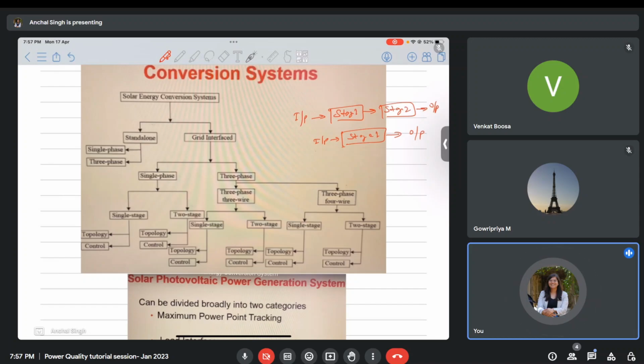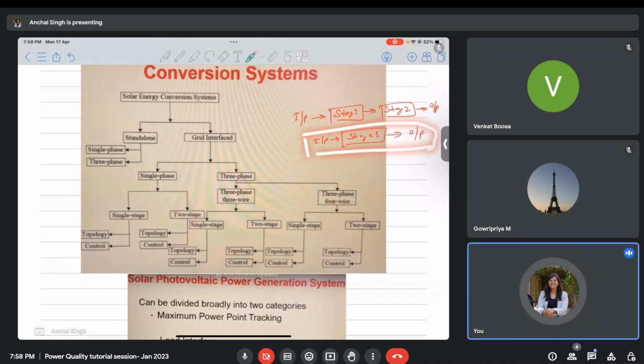With the advancement of converters and technology, we are easily able to do that. As we were just discussing, initially we had a diode bridge rectifier, then a boost converter, then the output. Instead of that, there were topologies which had bridgeless converters. So if my bridgeless converter is able to give me the same output that I get with the bridge, then definitely I'll go with the one which has fewer components. This will be cheaper and more effective.